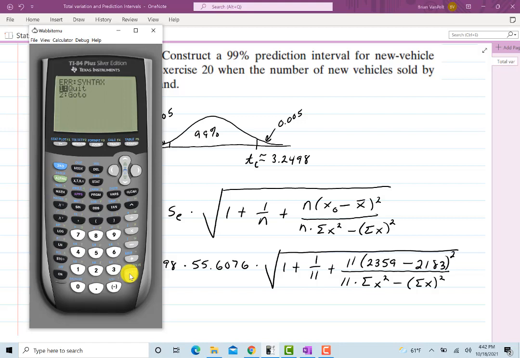It doesn't like my syntax, and that's probably because there is a negative where a minus should be. So I get 1.0577.